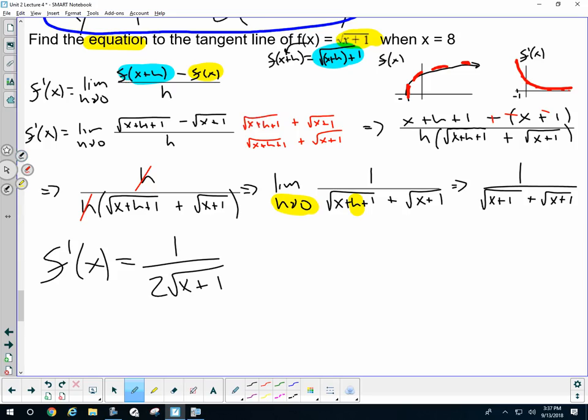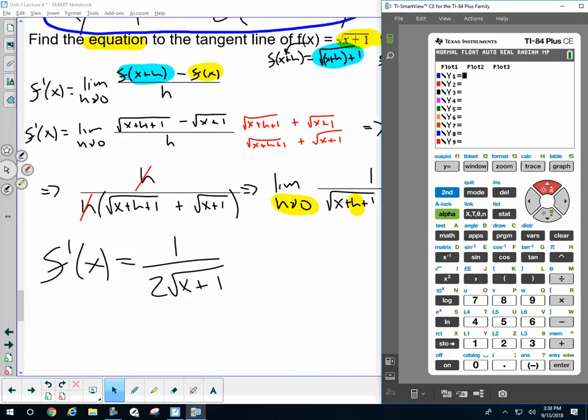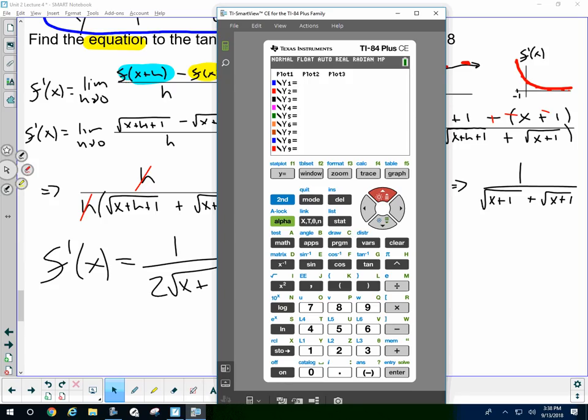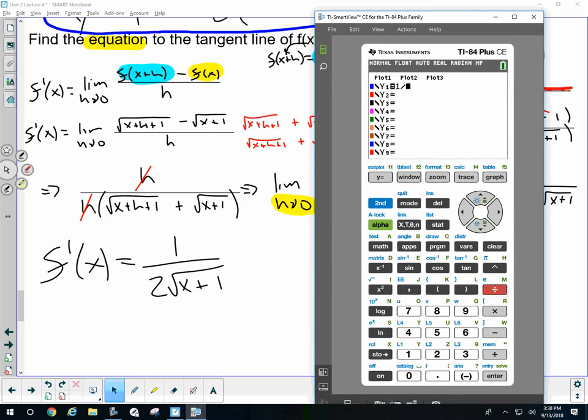Watch, just for fun, we know what this is going to look like. We already graphed it just by looking at tangent slope values. You probably have never graphed 1 over 2 root x plus 1, but you actually know exactly what it looks like. It's got to look like this graph right here, right? Let's see, 1 over 2 root x plus 1.